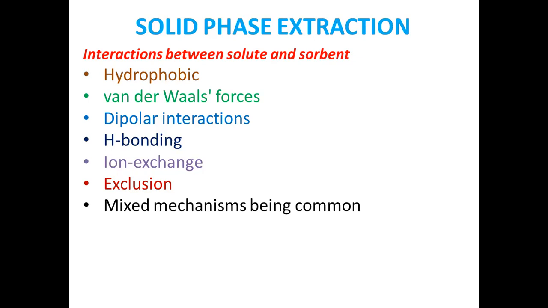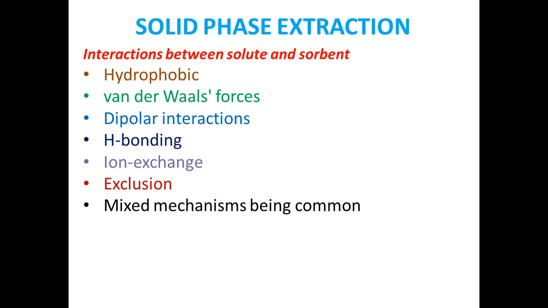So when you create the interface between the sample solution and the solid phase sorbent, sequential separation will start to take place based on size. How? The sample solution has smaller solutes, bigger solutes, and solutes of intermediate size between smaller and bigger.